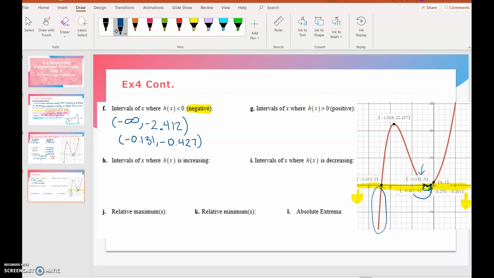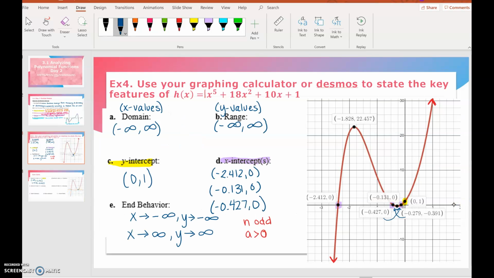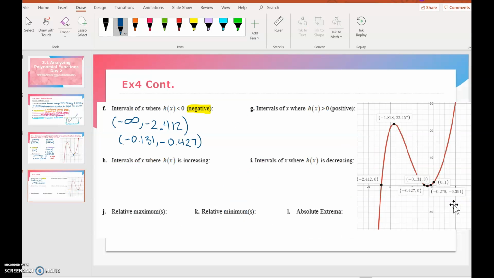I'm going to go ahead and erase all this so that we can see a blank graph each time we're looking at something new. So again, negative is when it's below the x-axis, okay? Oops. So now let's look for where it's positive. So again, we are still looking at the x-axis here, but now we're looking for where it's above that x-axis.